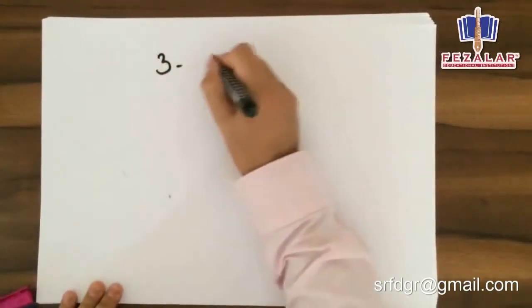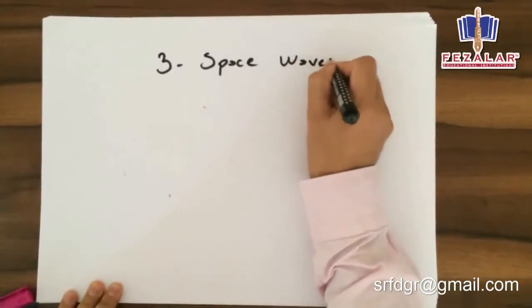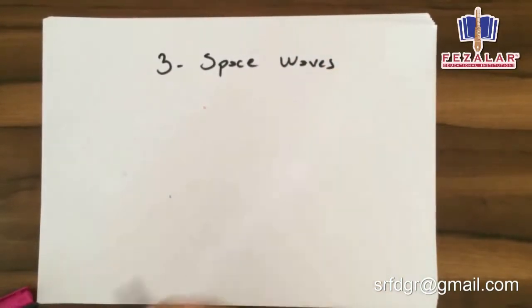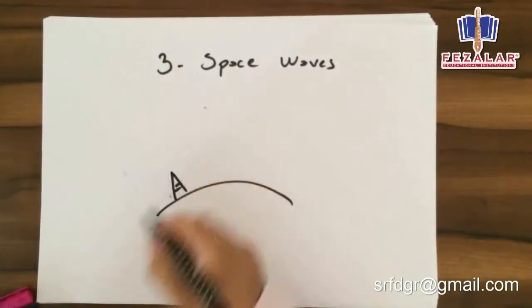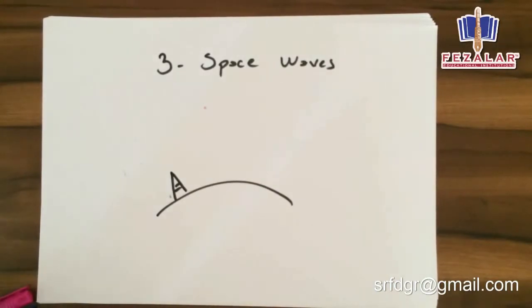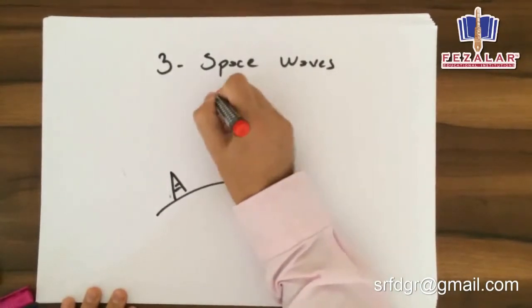And the last one is space waves, the third one. This is ground, and here we have transmission devices. Space waves means that here we have a satellite.